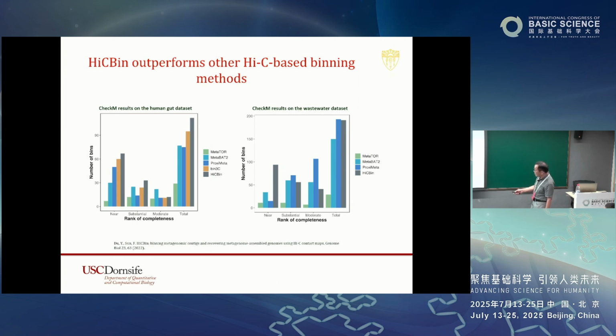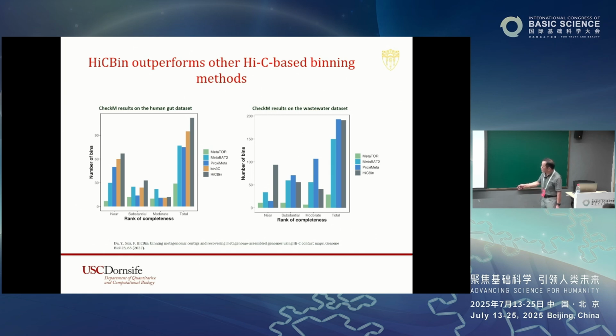You can see here, this is our result, this is the IC bin, and we recover around 70 complete genomes, while the next best one, Metator or the B3C, only recovers 60 complete genomes.